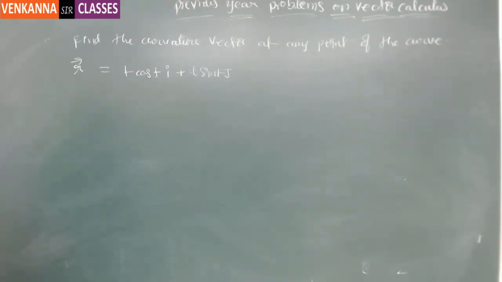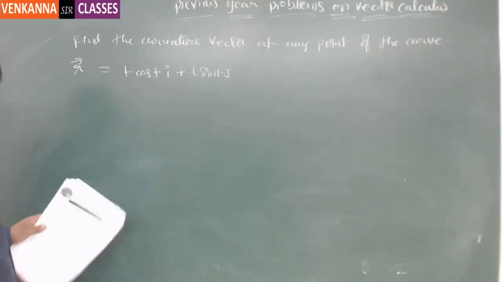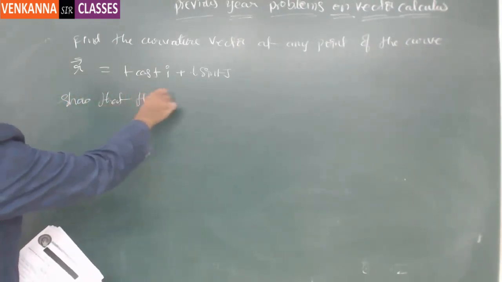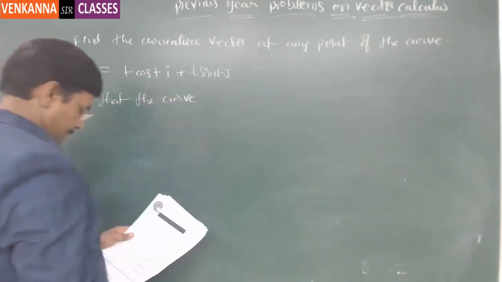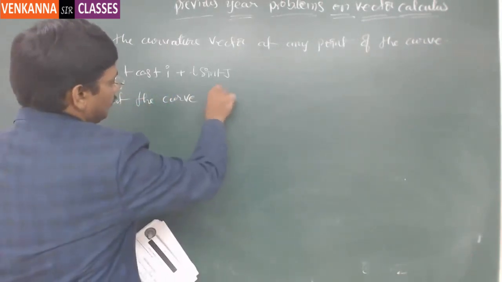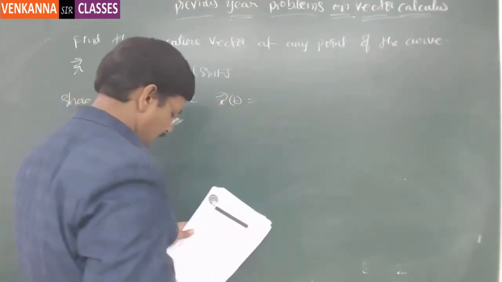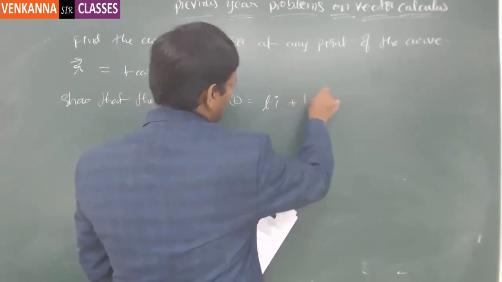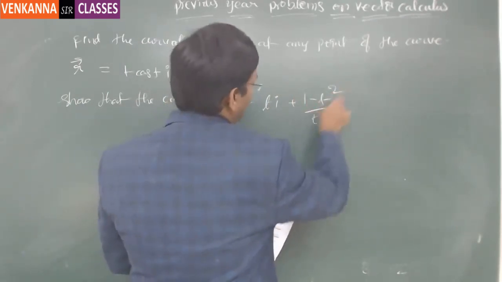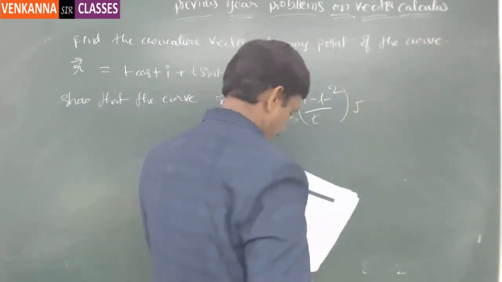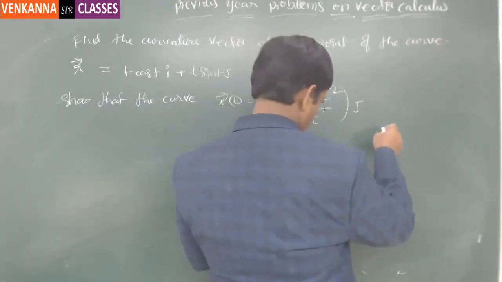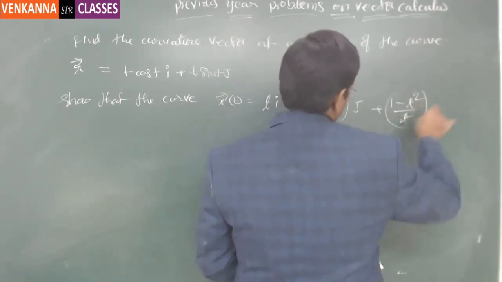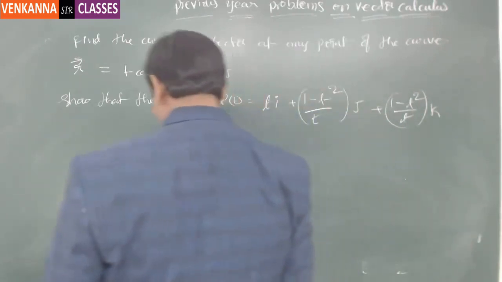Exactly in a similar manner, there is one more problem: show that the curve x of t is equal to ti plus 1 minus t square by t j plus 1 minus t square by t k lies in a plane.